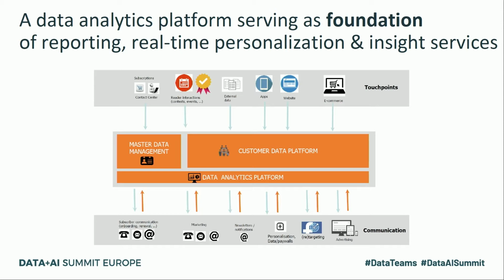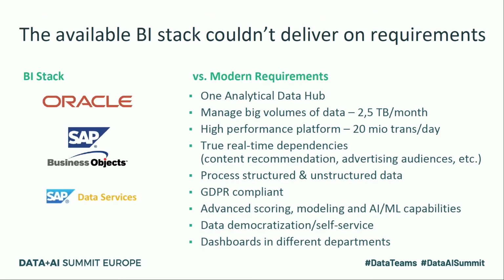And all together, they then allow for communications: targeting which subscriber to reach with which kind of email or content recommendations, but similarly also who to reach on Facebook, who to target using personalization, and who to put into an advertising audience fit for the advertisers.